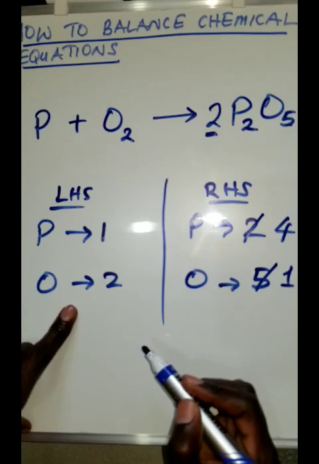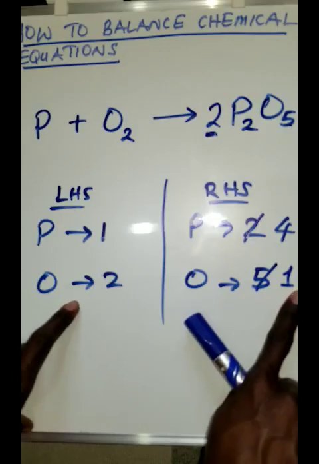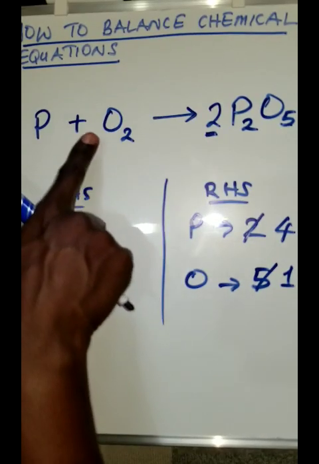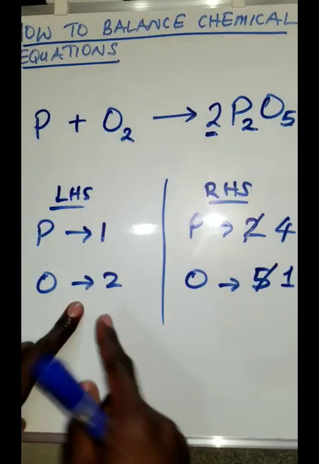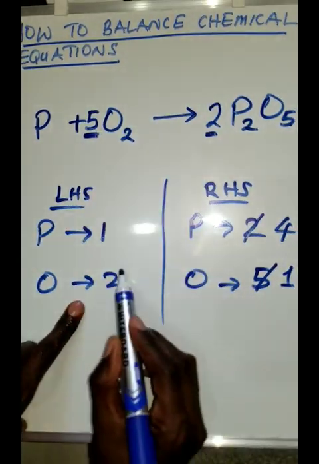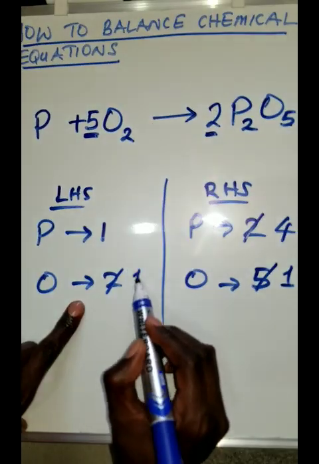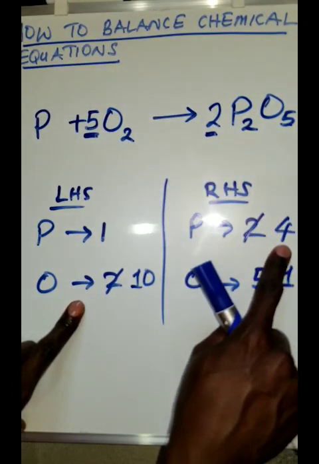So therefore, let's try to balance up on the left hand side. On the right hand side, there are 10 oxygen atoms. So what number should I put in front which multiplies by this 2 that is already there so that I can have a 10? You know, of course, that is a 5. So 5 times 2, it will now go to 10. How many phosphorus on the right hand side? You had 4.